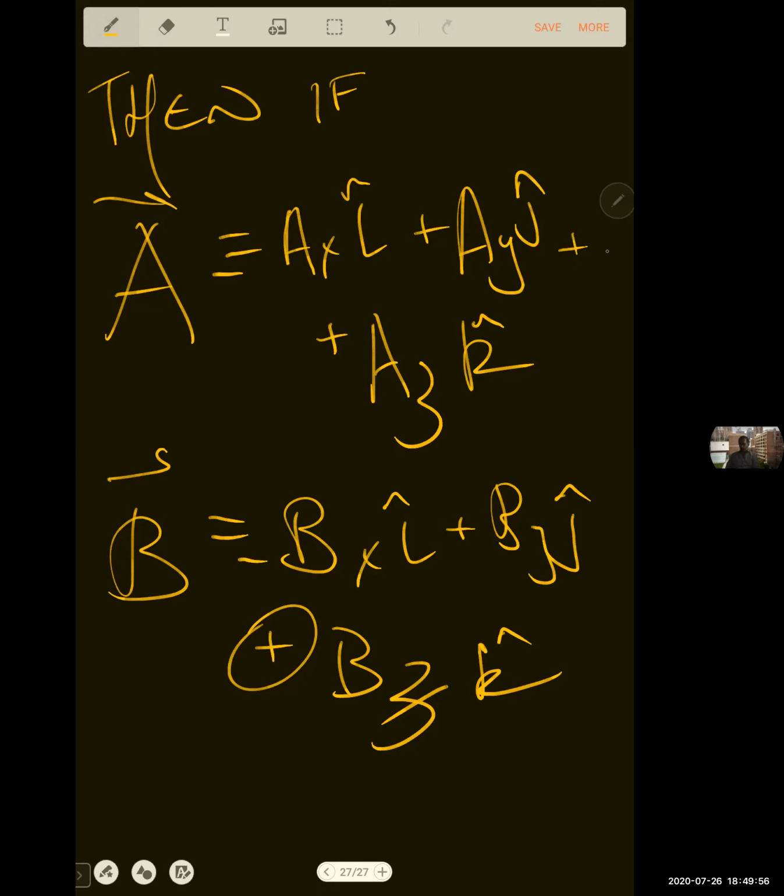If the vectors are notated in this fashion as sums of products, then to cross them, we do the same thing as before. We FOIL out the whole thing, and we look for i, j, k unit vector cancellations and simplifications. That's exactly what's going to happen here.